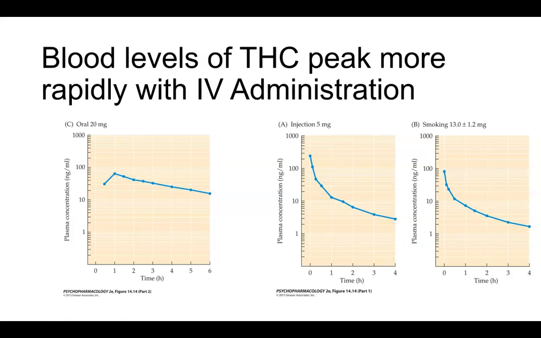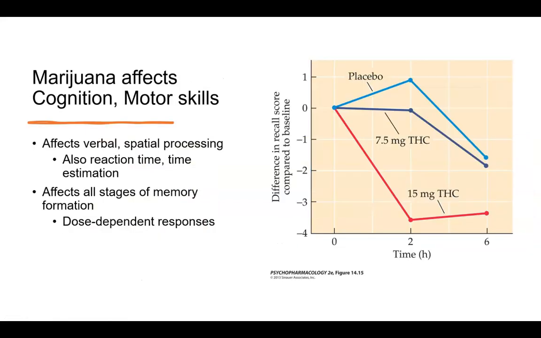People who are smoking don't really reach that peak until after the cigarette has been finished. And that's especially true for oral administration as well. You're going to get a peak usually 30 minutes to an hour after you have ingested.